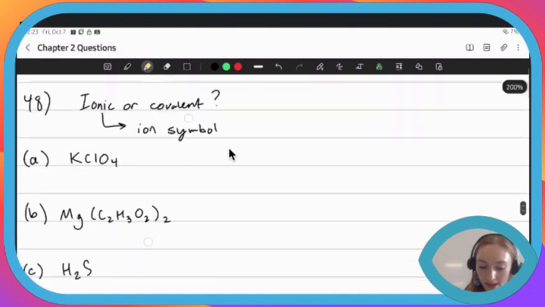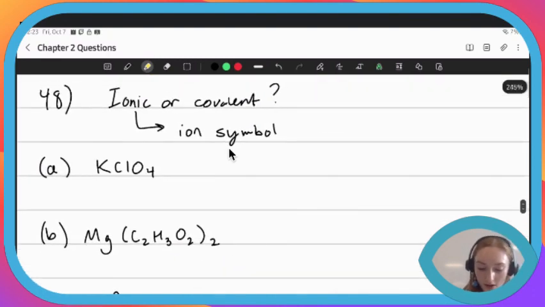We're going to be looking at whether these are ionic or covalent bonds, and if it is an ionic bond, then we can see what these ions look like in separation from the compound. So we have the first one as KClO4. In identifying this, K is going to be a metal.